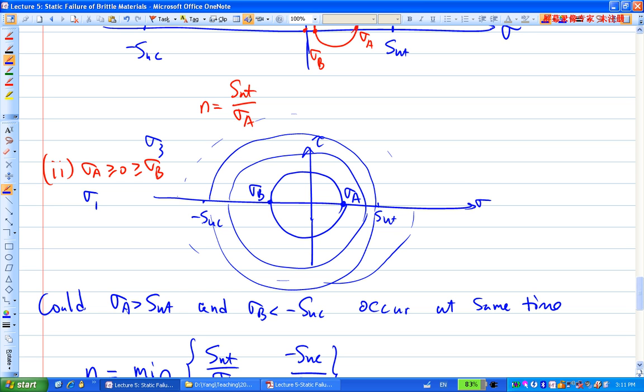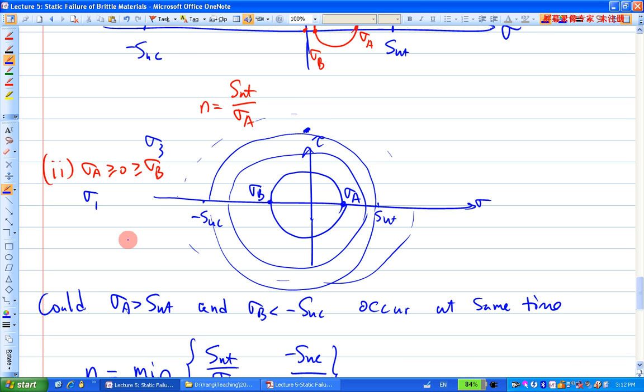But you can imagine you can have a pretty big circle. Then the problem with the big circle is what? You will have a pretty big shear stress. Exactly, your maximum shear stress will get ridiculously big, but according to MSS you're still safe. So that's the problem with this region.